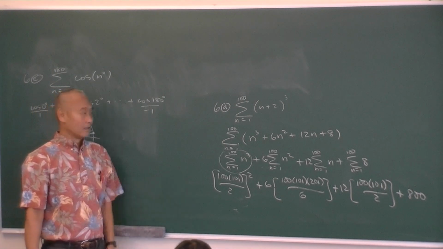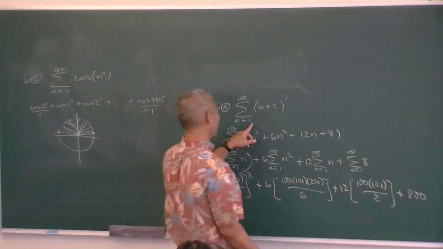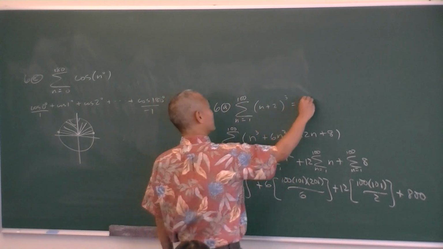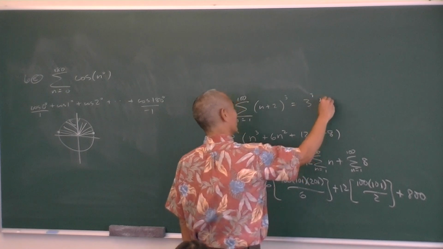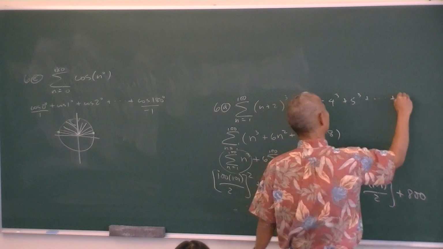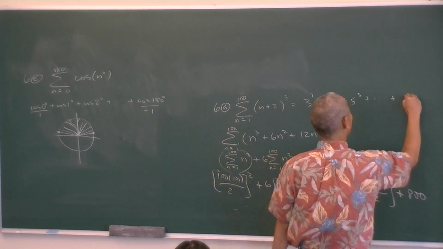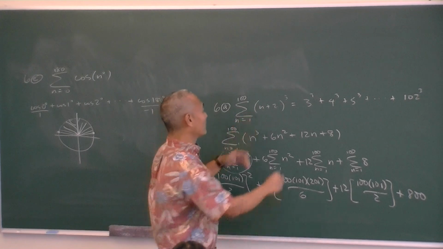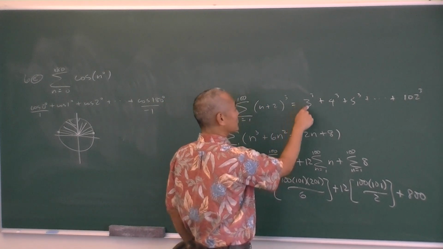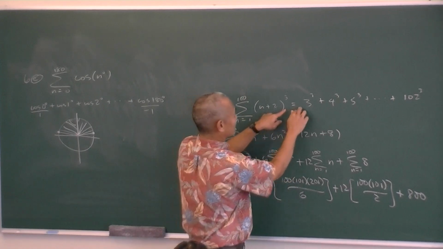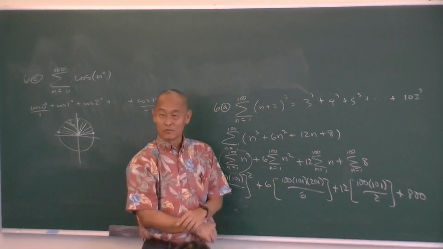No. Okay, this is what Chai's saying. Plug in 1, 3 cubed. Plug in 2, 4 cubed. 5 cubed. All the way until you hit 102 cubed. So he's saying, why not just use the formula for 1 cubed plus 2 cubed plus 3 cubed all the way up to 102 cubed and just subtract the 1 cubed and 2 cubed.